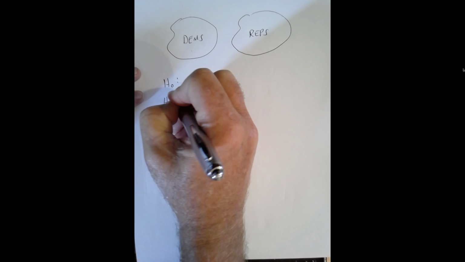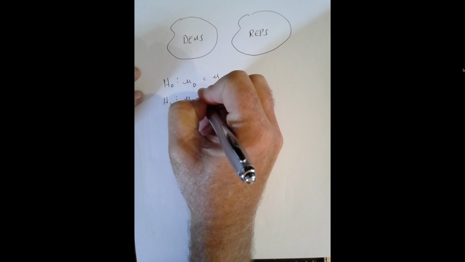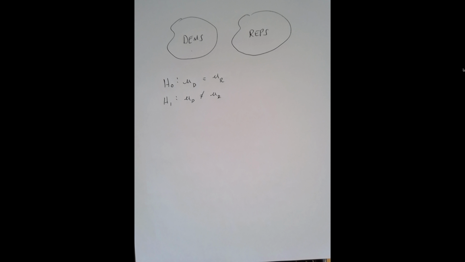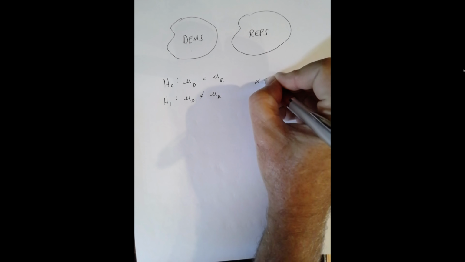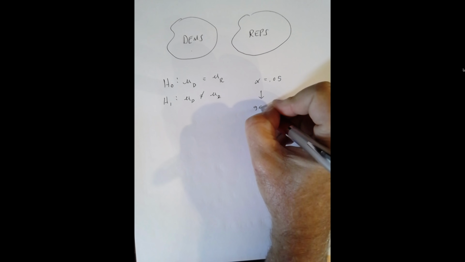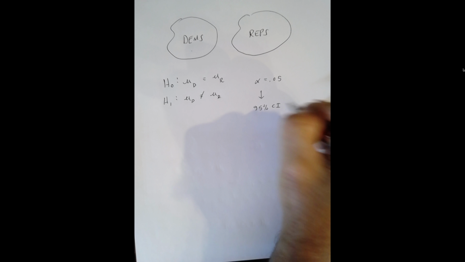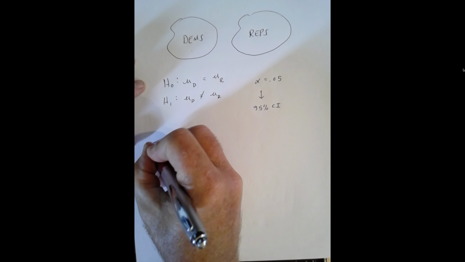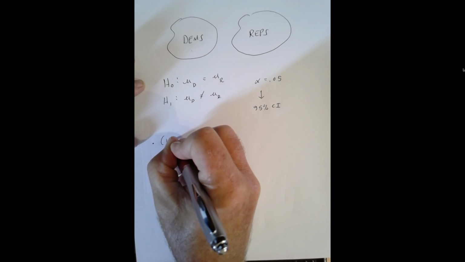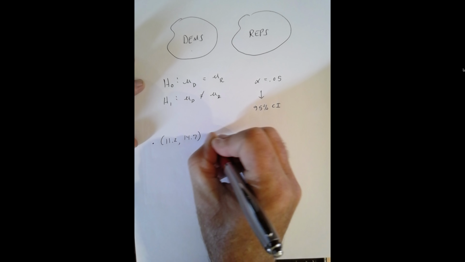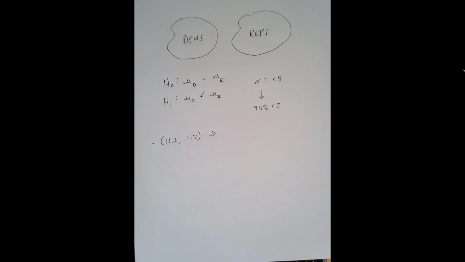And our H sub 1 would be that the measurement is different for the Democrats and the Republicans. Let's say I want to test at 0.05, which means that I would calculate a confidence interval. What do I conclude?